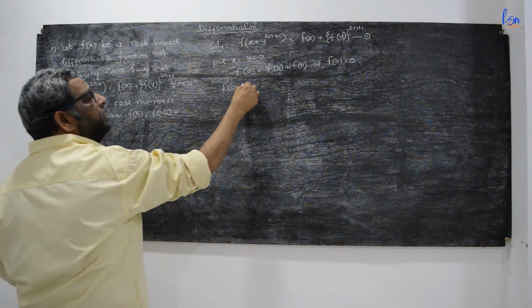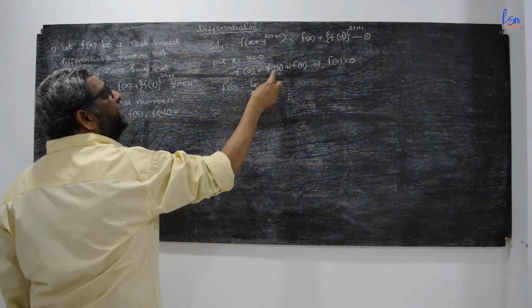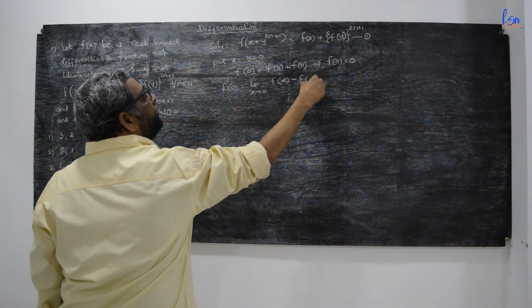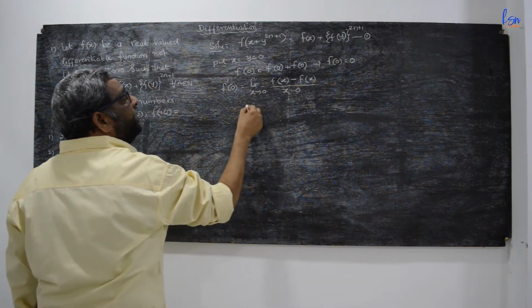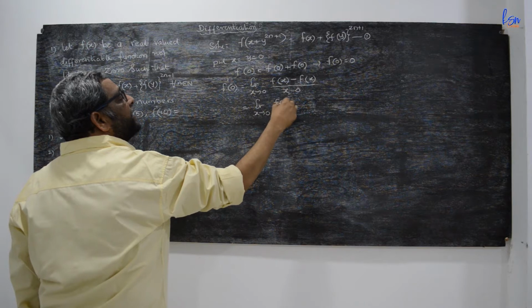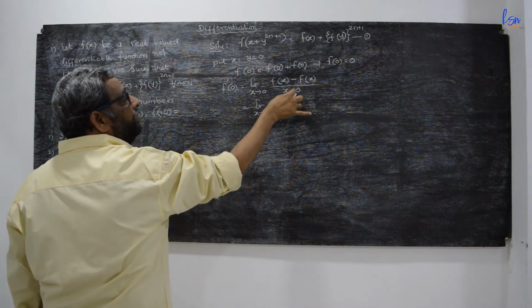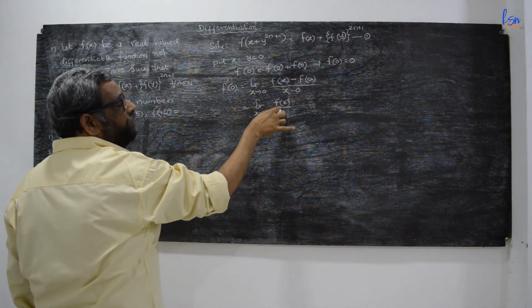By definition, it is the limit as x tends to 0 of (f(x) minus f(0)) by (x minus 0). This is the limit as x tends to 0 of f(x) by x, because f(0) is 0.